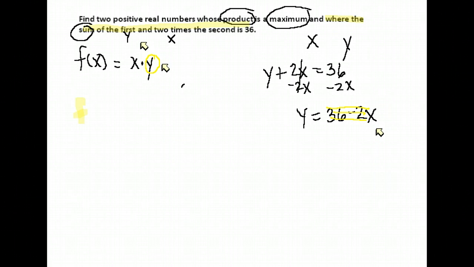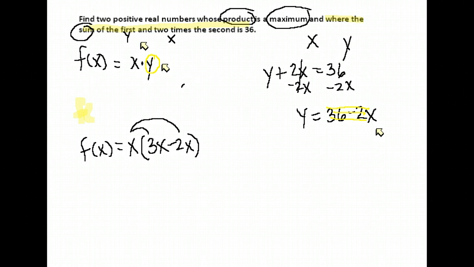So now I have f of x is equal to x times my y, which I know is 36 minus 2x. I'm just substituting something it's equal to. I'm going to go ahead and distribute my x. 36 times x is 36x, and x times x is x squared.